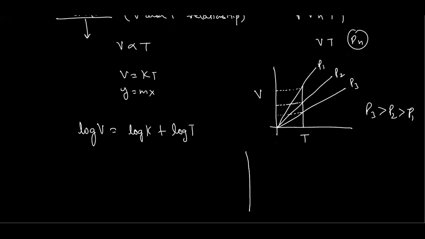If I draw it this way, log V here and log T here, then it will be a positive slope with some intercept, because there is the value of c here. Okay, got it?